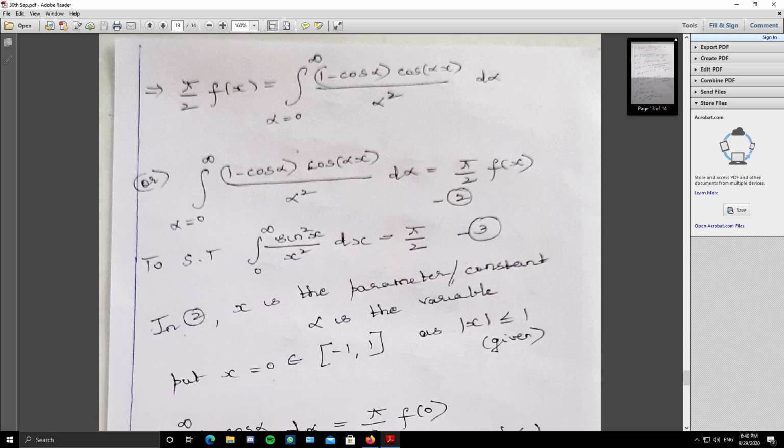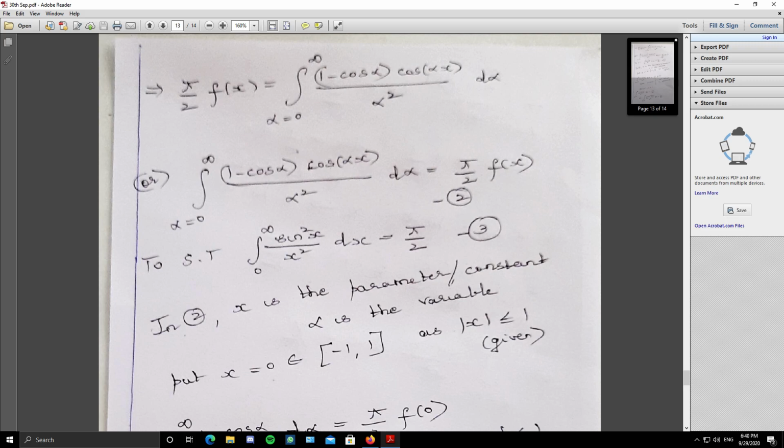Then you see what you have to prove. You have to get sine square x by x square. So sine square you can guess from these two. 2 sine square theta is 1 minus cos theta. So 1 minus cos theta is 2 sine square theta by 2. So you compare the integral part and give value to x, give value to the constant. So alpha is a variable, x is a constant.